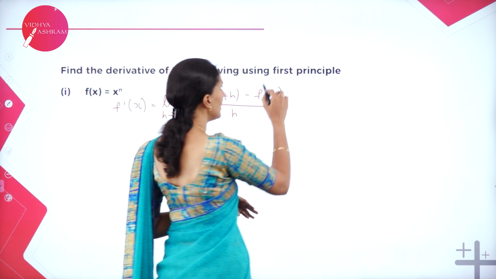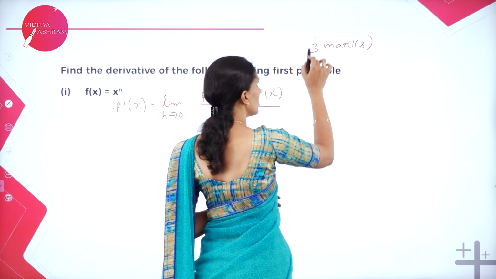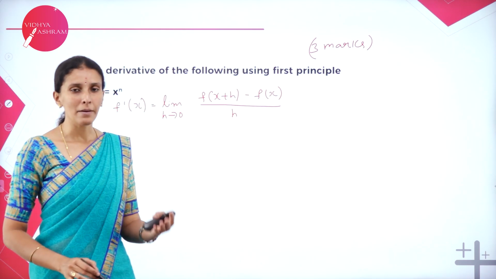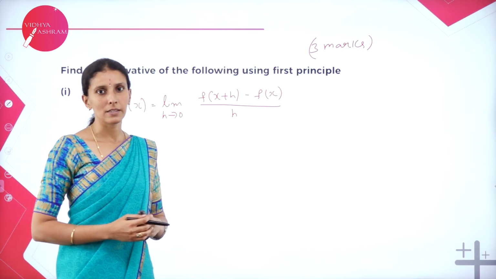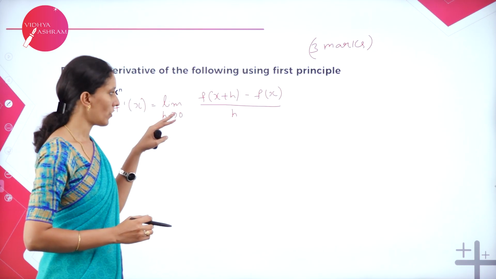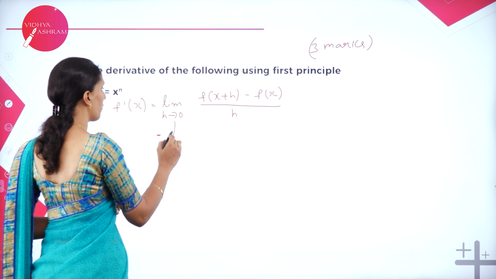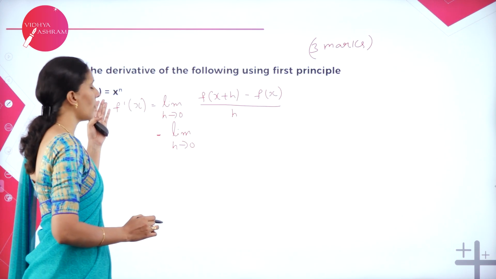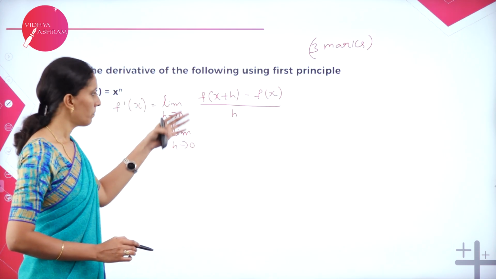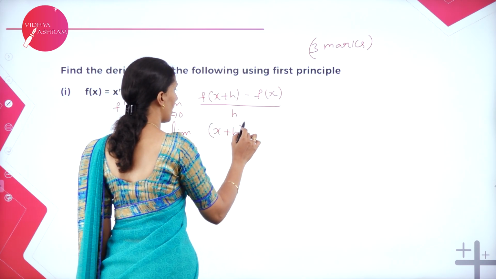As I said earlier, this type of question carries 3 marks in your examination. Any function can be asked to derive using the first principle of derivative. So first write the definition, then write the function in the form of x plus h as well as f of x. Now f of x is x power n, then f of x plus h is x plus h whole power n.